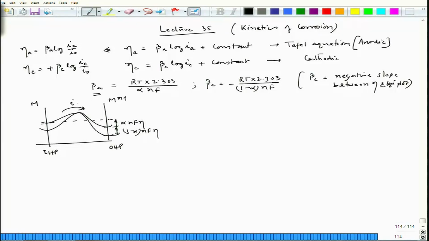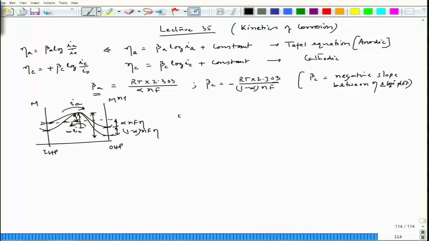So, this is I A, and this side is I C with a negative sign, because it is flowing opposite to I A. When I C equals I A, they experience the same activation barrier, but when I A is higher than I C, the activation barrier for the forward reaction is reducing, and for the backward reaction we get a higher activation barrier. So the rate of backward reaction is reducing.